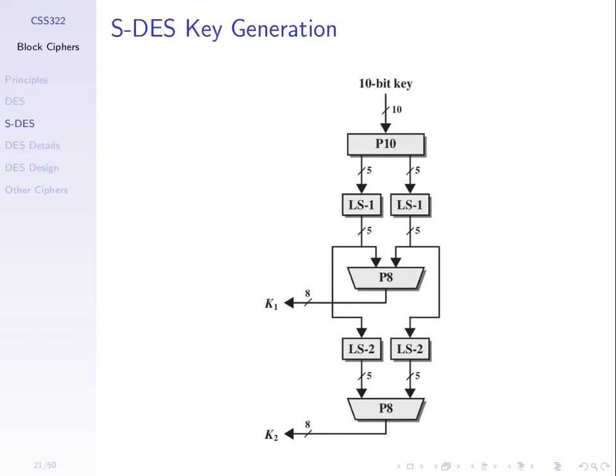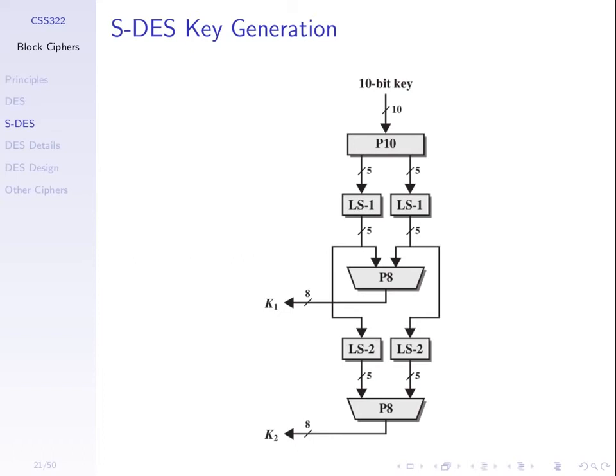In fact, this permutation will take 10 bits in and will produce 8 bits out. So it permutes and deletes 2 bits to get the output K1, the first round key. And the outputs of those left shifts will be fed down to do another left shift by 2 positions. P8 will be applied again, and we'll get the second round key K2 out.